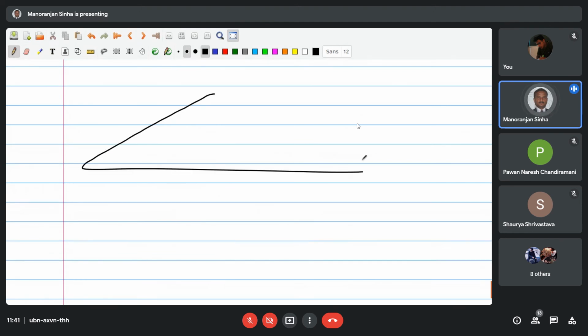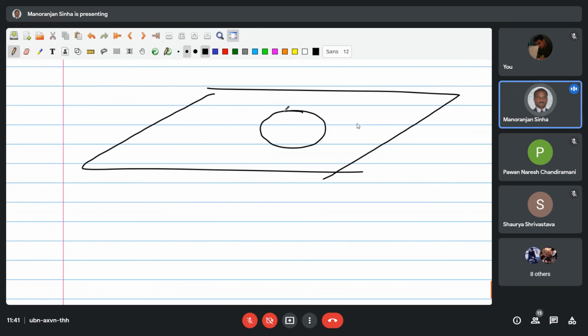Say here, this is the plane. In the case of the Earth and Moon, the Earth is here, and the Moon's orbit rises from here and then descends here. In fact, when you look from the Earth, the Moon's orbit rises in the east and then goes toward the west.